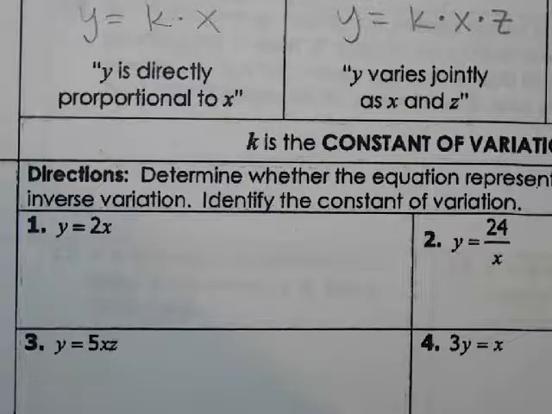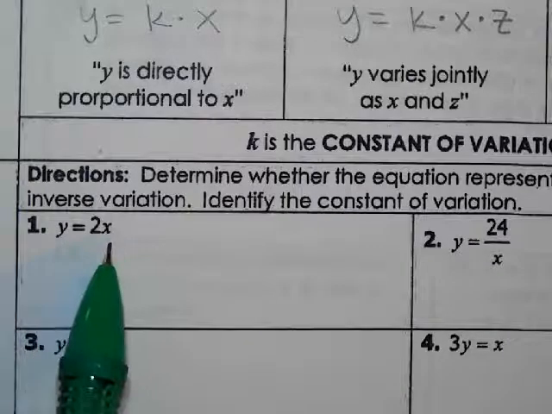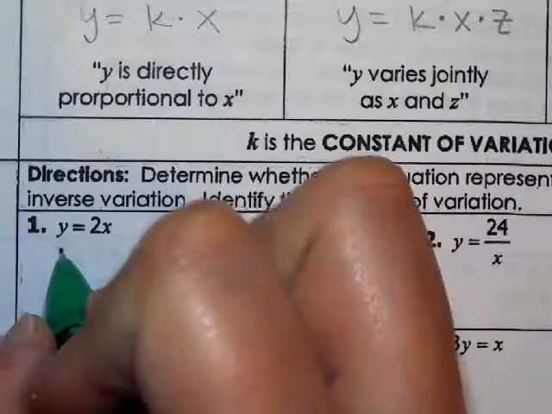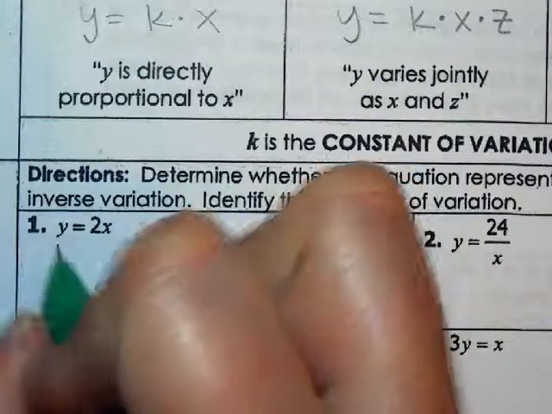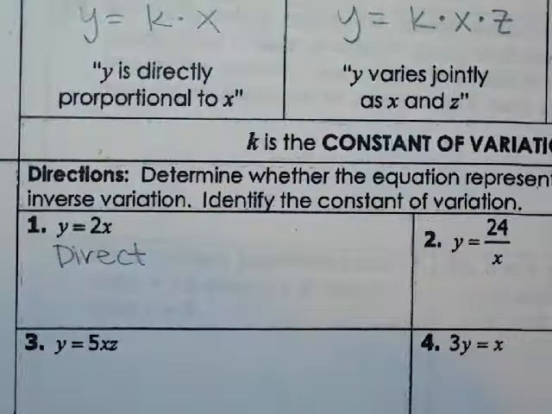Okay, so number 1 says y equals 2x. Is that direct? You can tell because of the form of your equation. And then what is the k value for this problem? K equals 2.